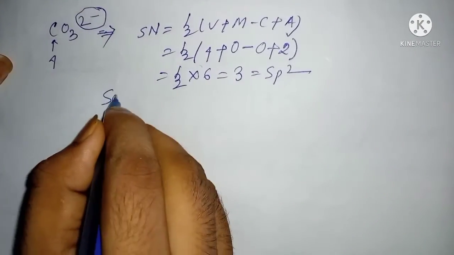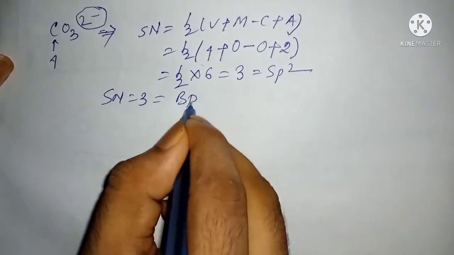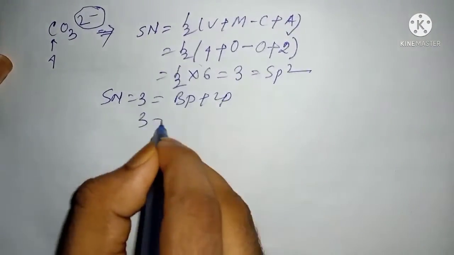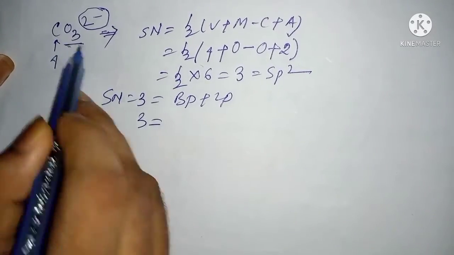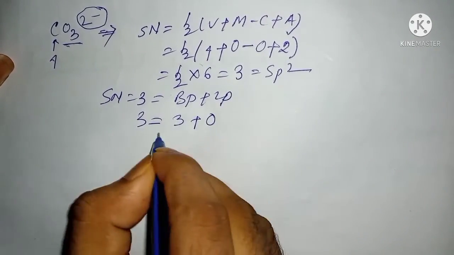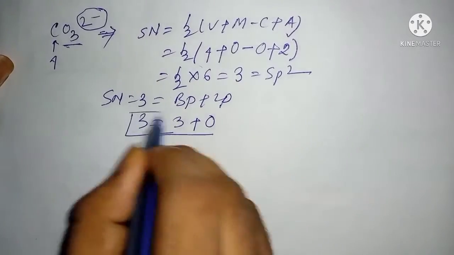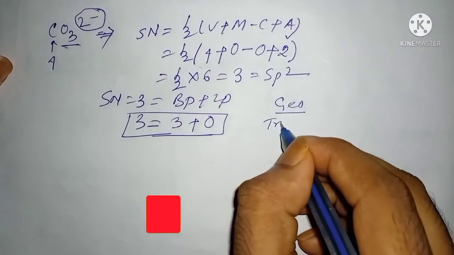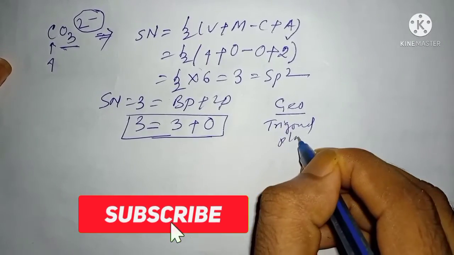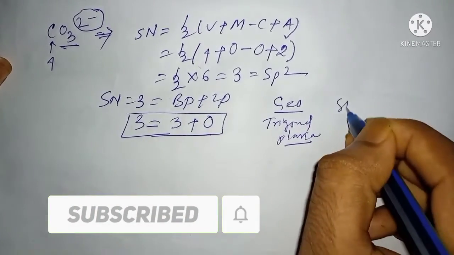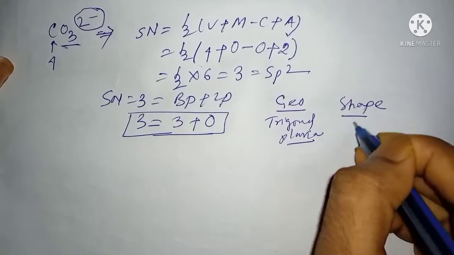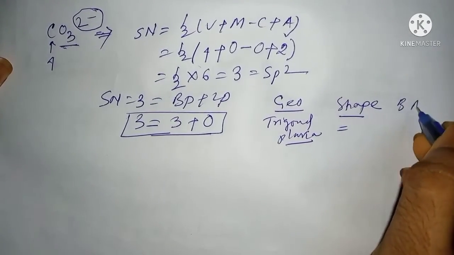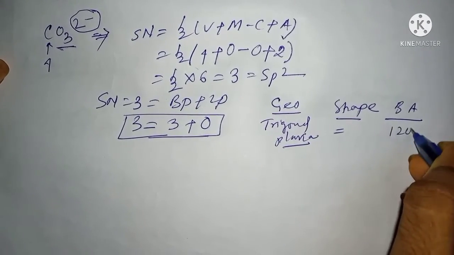Now steric number equals 3 equals bond pair plus lone pair, so there are 3 side atoms, 3 bond pairs, no lone pair. So the geometry is trigonal planar, the shape is also trigonal planar, and the bond angle is also the same, 120 degrees.